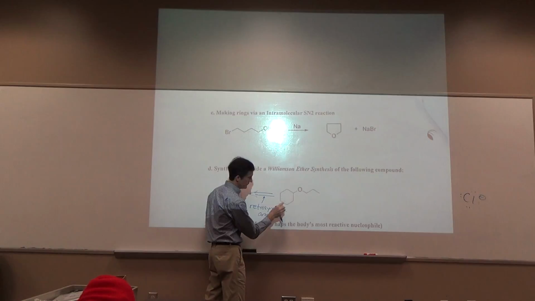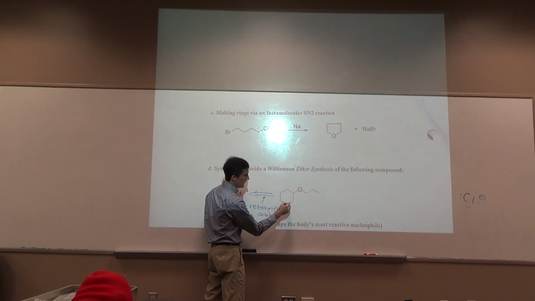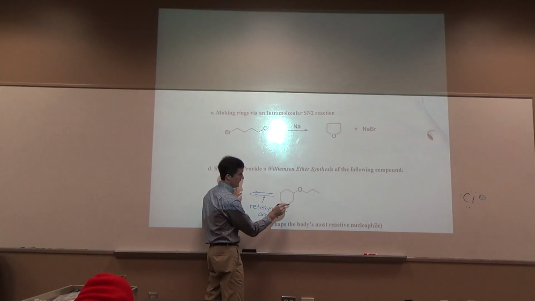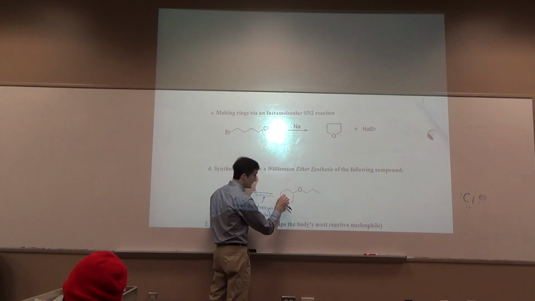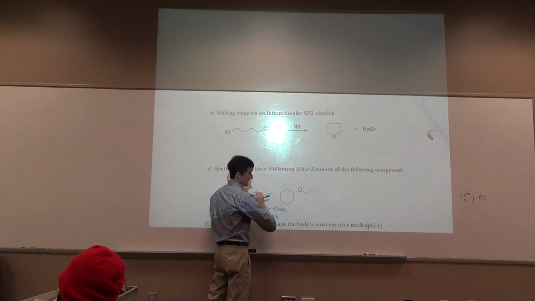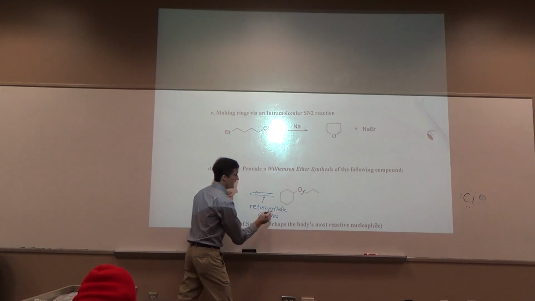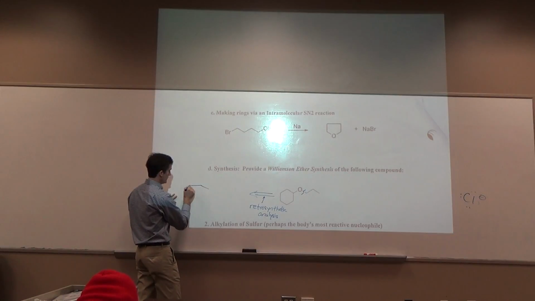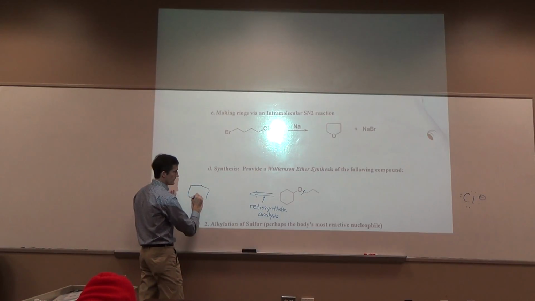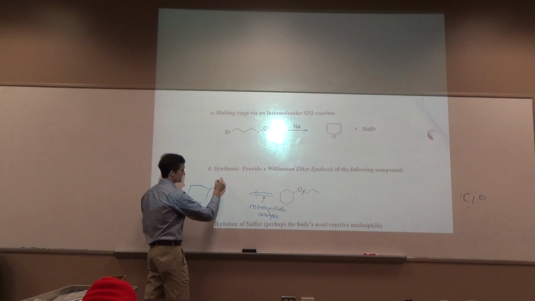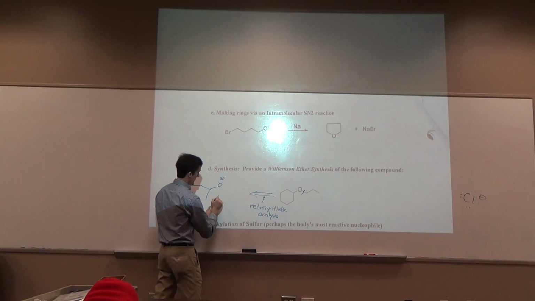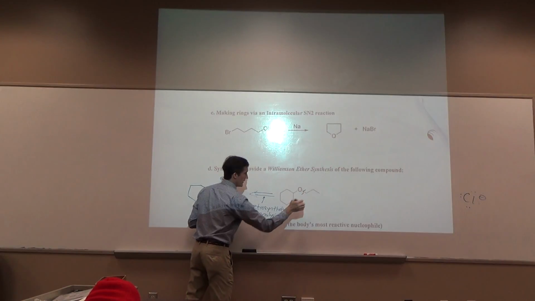Where do you want to break it at? Do you want to form this bond here, this carbon-carbon bond? No. It's going to be much easier to form, especially if you're doing a Williamson ether synthesis, you need to be forming an O-carbon bond. That's what that is. What if we form this bond and go back to oxygen here as an anion, plus what? 3 carbons?